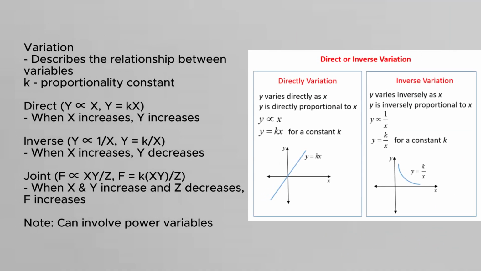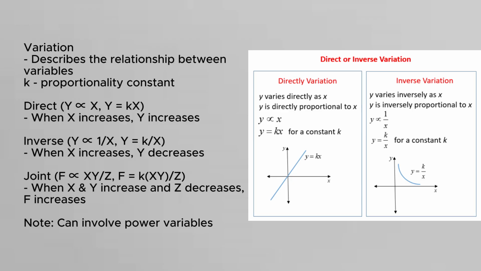Now, let's explore variation. Variation describes the relationship between variables. The k is the proportionality constant, and as you can see on the right, the variation is described as having a fish shape. For direct variation, y is proportional to x, which means that when x increases, y increases.